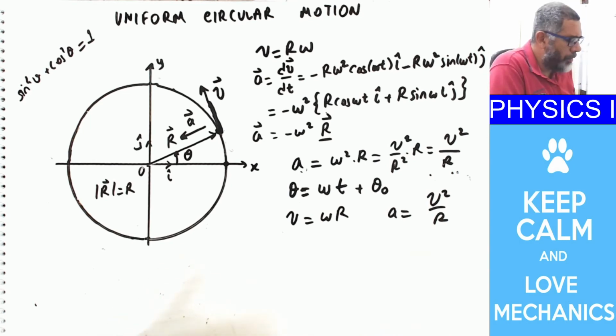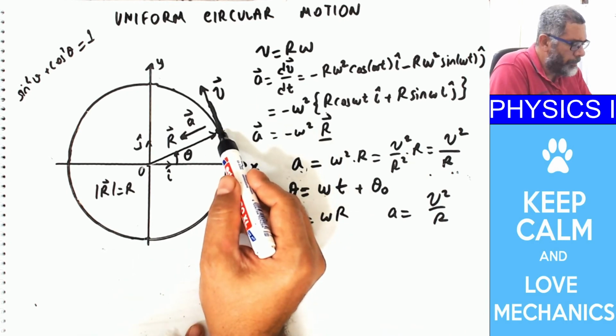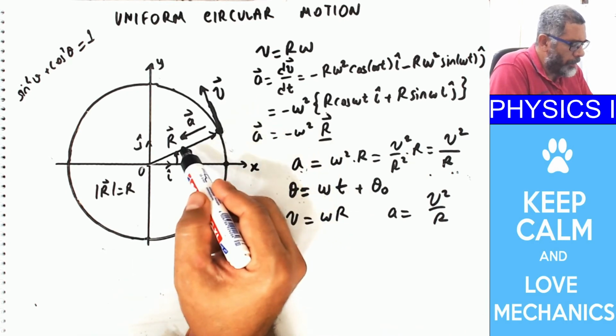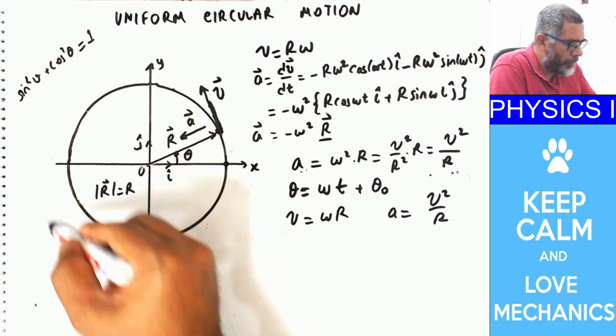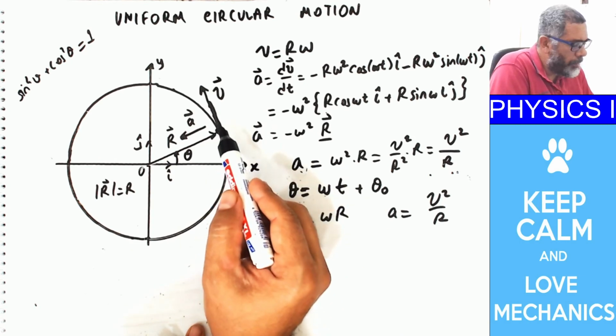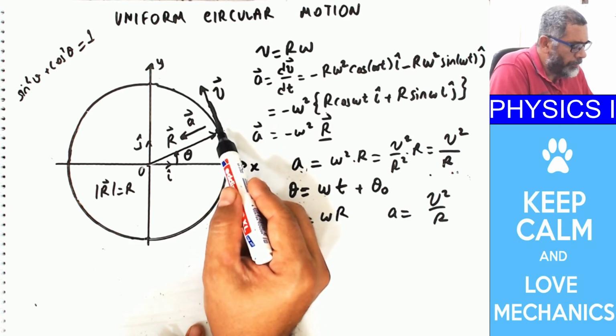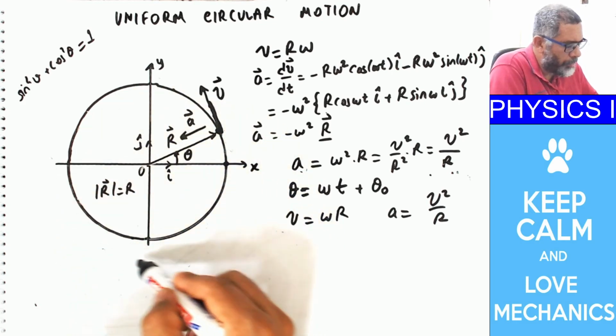So the next question, and the last one, is this: let's start at one particular point, and suppose that you know the radius and you know the speed of the object doing this uniform circular motion. Let's talk about the time for this object to make one complete revolution.